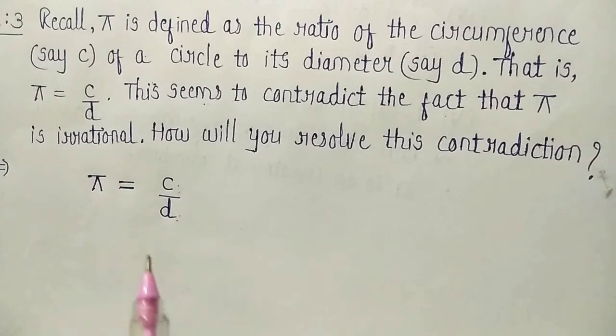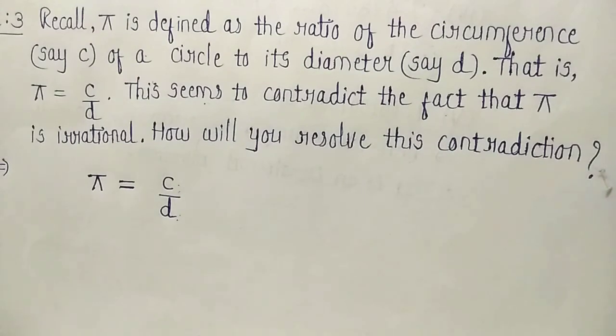Keep this in mind. Whenever we measure the length of a line with the help of a scale, it will be an approximate rational value. What does that mean? It is approximate.